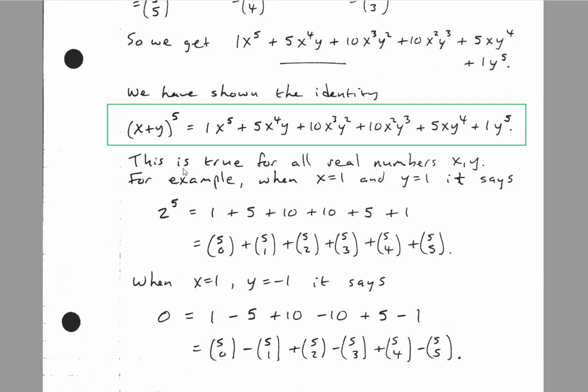And so you can play around with this. Since this is true for every real number x and y, you could put in numbers as examples. So for example, when x is 1 and y is 1. Okay, so we're just putting in 1s here. Well, 1 plus 1 is 2, so we're getting 2 to the power of 5 on the left. And then all these powers of x and y just turn into 1s.